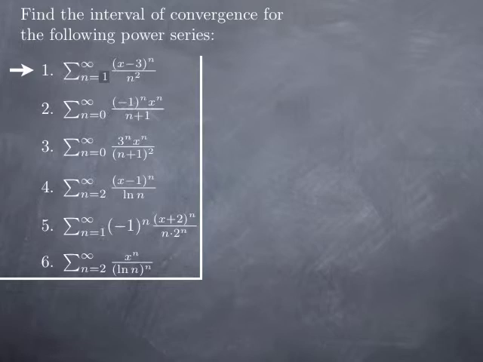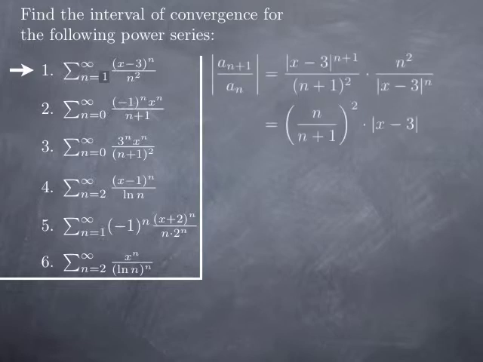We're going to use the basic convention that a indexed by n denotes the general term of the series we're considering. So in this case, a_n is (x minus 3) to the n divided by n squared. If we look at the ratio involved in the ratio test, it's the absolute value of the ratio of two consecutive terms, a_(n+1) over a_n, which in this case is absolute value of (x minus 3) to the n plus 1 divided by (n plus 1) squared, that's a_(n+1).